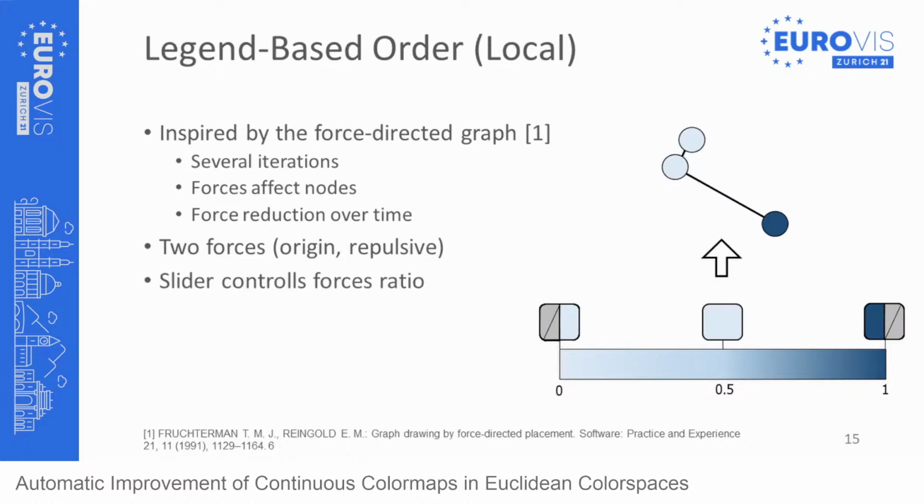The degree slider of this algorithm is the ratio between these 2 forces. So if the slider is on 100%, there's only the repulsive force, and if we set a degree of 0, then there's only the origin force and nothing will happen.